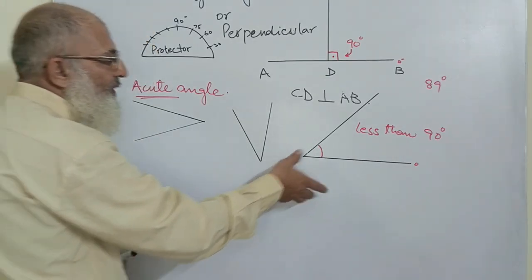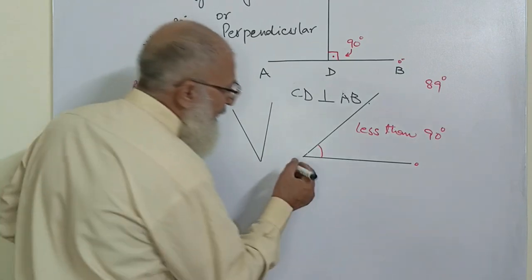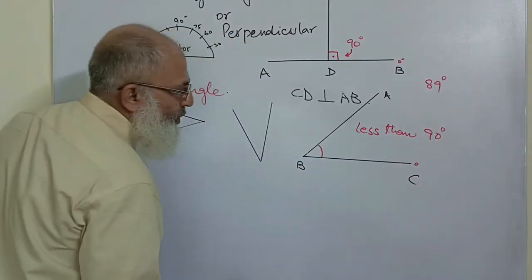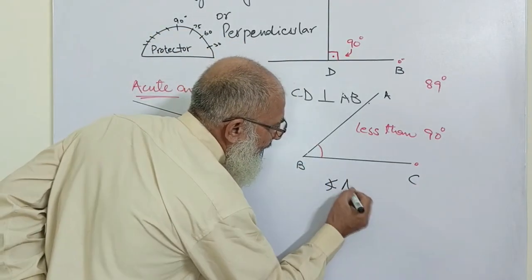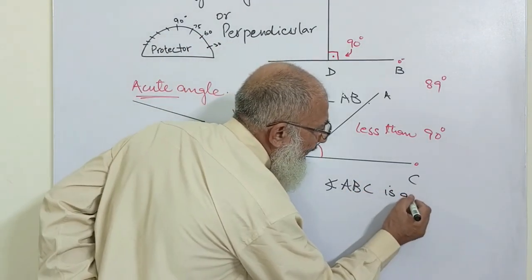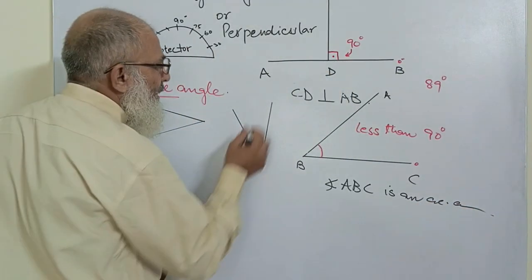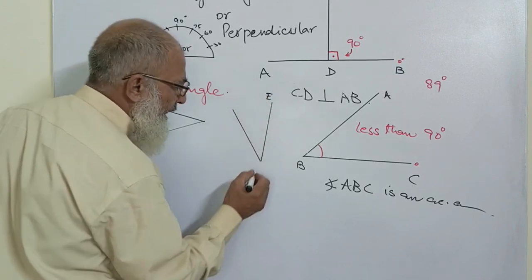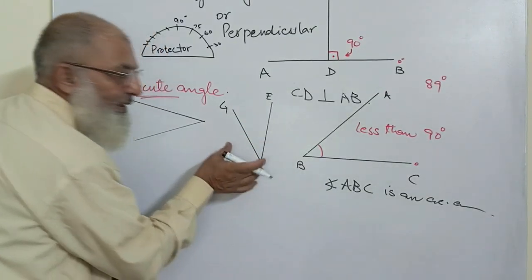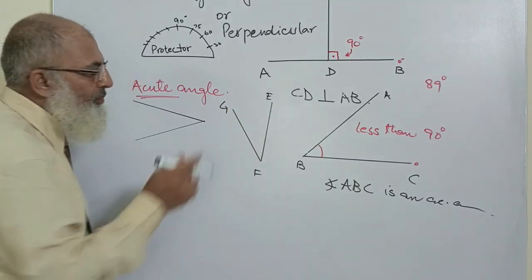It may have different shapes or different lines of action. You see that this is A, B, C. Now angle ABC is an acute angle. Similarly, E, F, G, you see that the vertex is below and the arms are above.